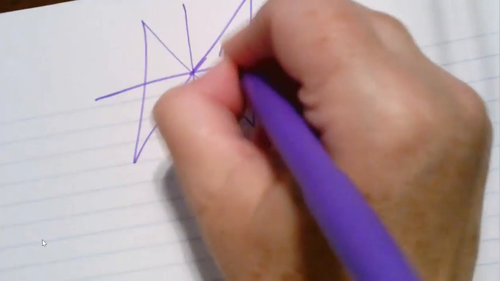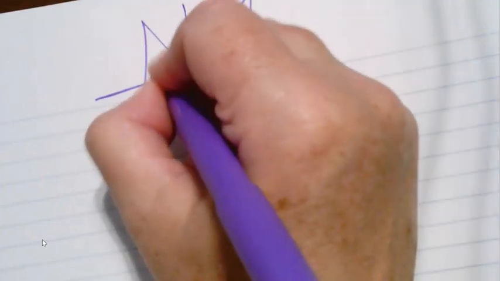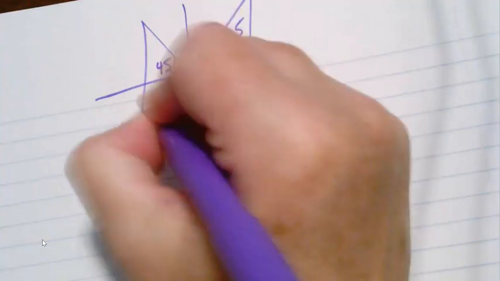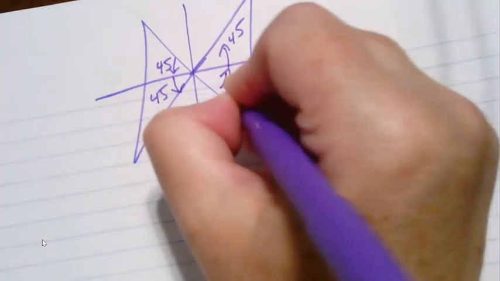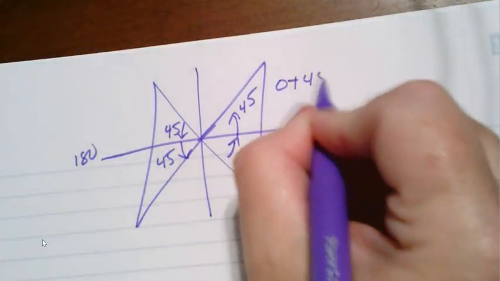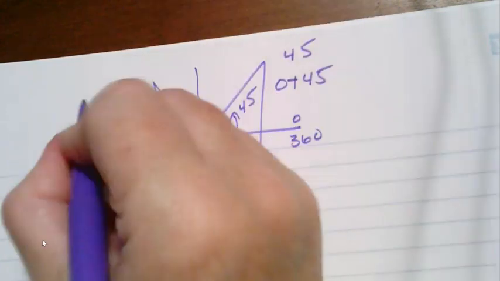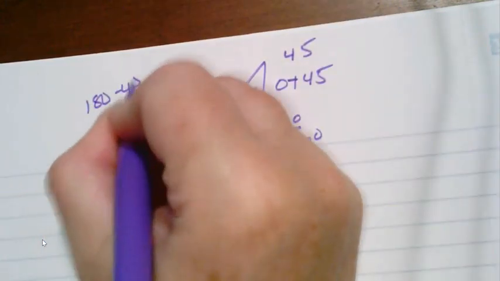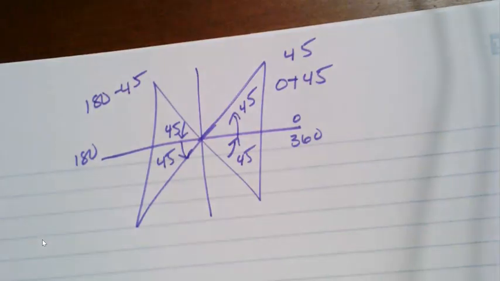Last but not least, 45, 45, 45, 45, 0 through 360, and 180. So 0, oops, too high. 0 plus 45 is 45. 180 minus 45, I believe, is 35.